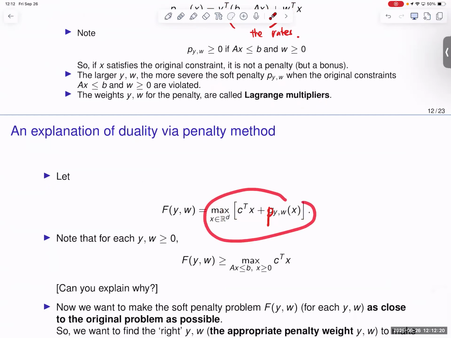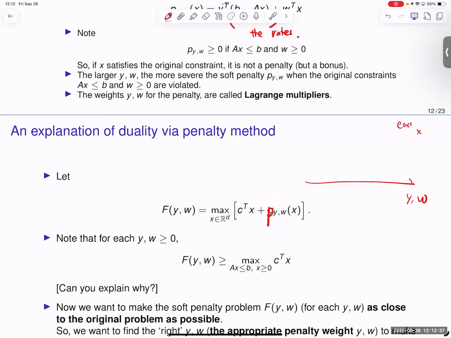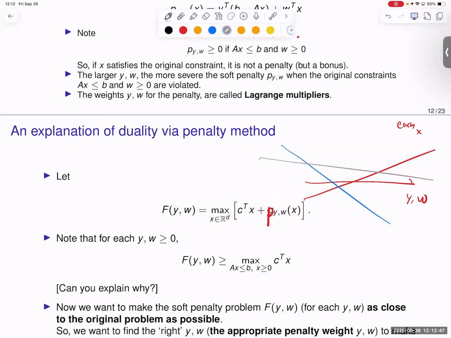But do you know what kind of function this is, if you maximize over some family of linear functions? So this is a function of y and w, but for each x, you have some linear function looking like that. And for other x, you have some other linear function looking like this. And for other x, you have some linear function looking like that.